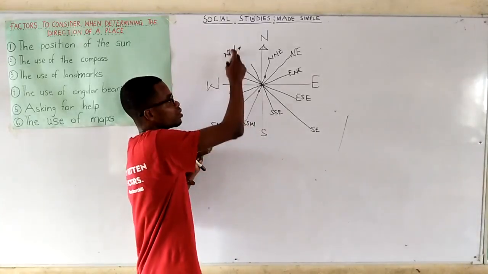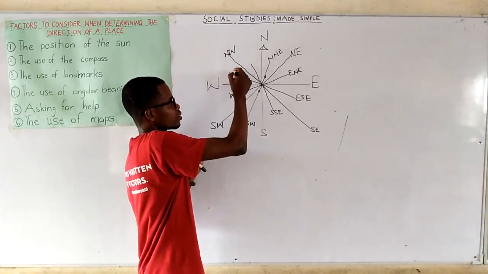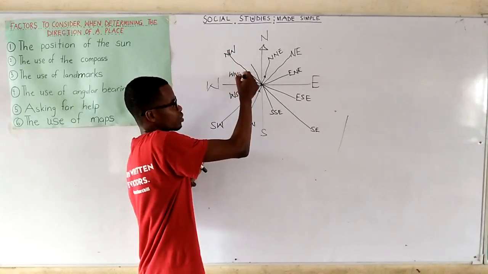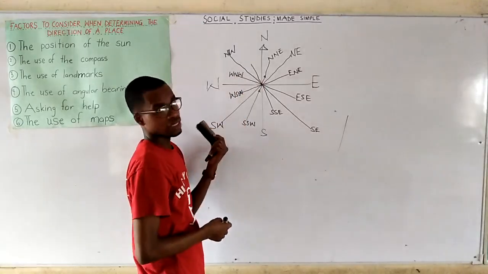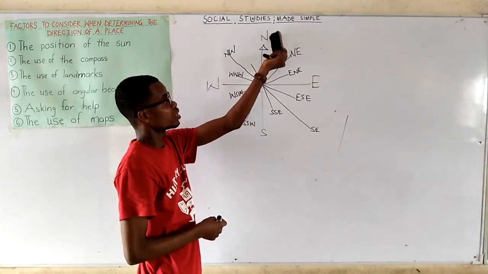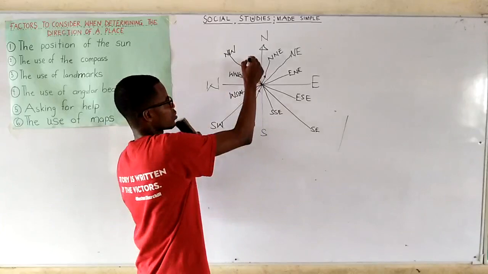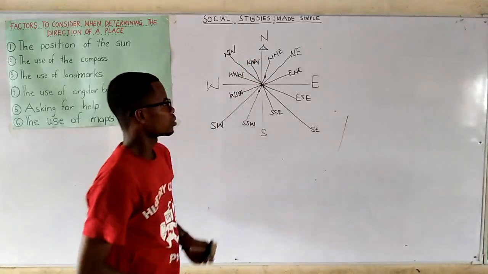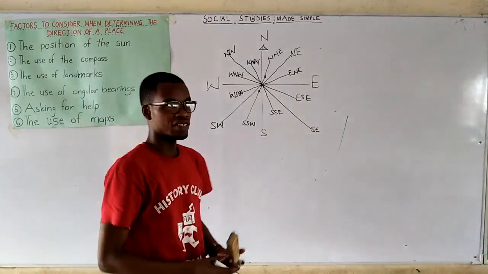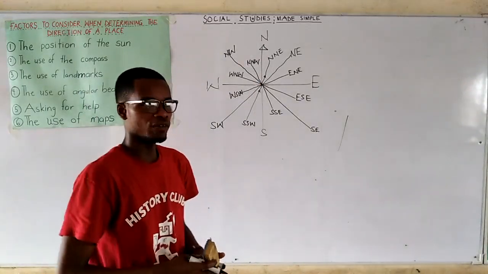Main west again, northwest, west-northwest. Then you have the final one, main north, in between the main north and northwest. So main north, then you have the northwest. So you have the 16th subdivision of the compass.